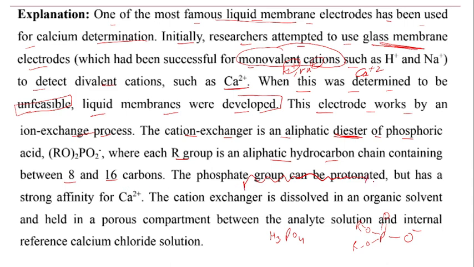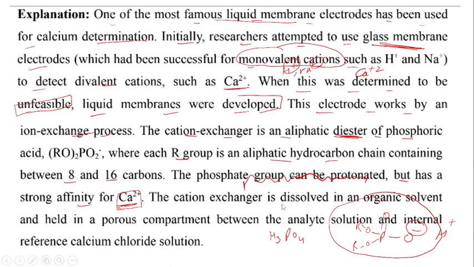The phosphate group can be protonated, because it has a negative charge, so it will attract a proton. But this molecule has a strong affinity toward Ca+2. Compared to the hydrogen ion, it has a strong affinity toward the calcium ion.